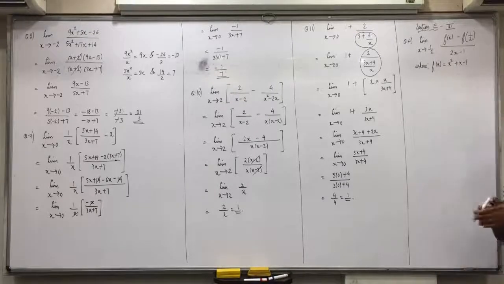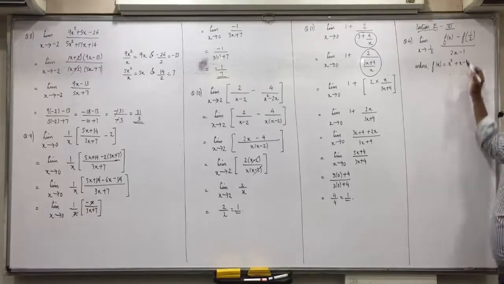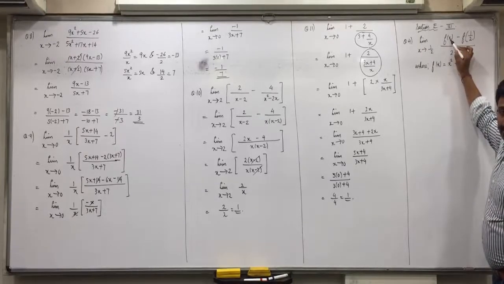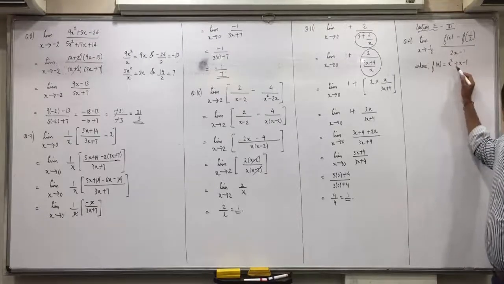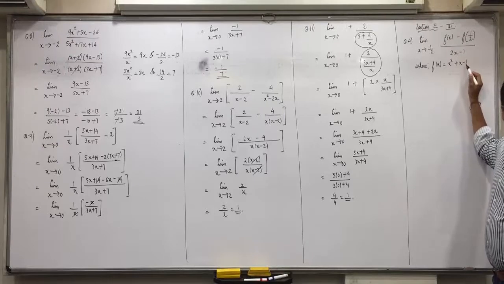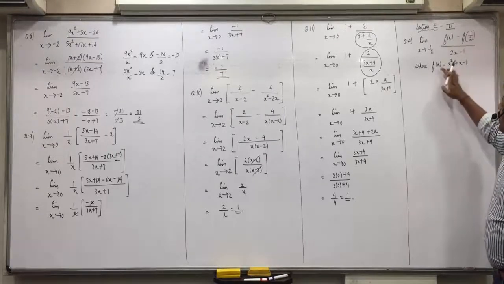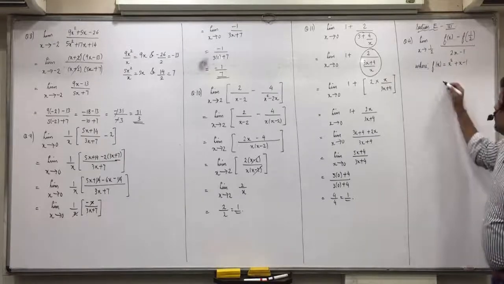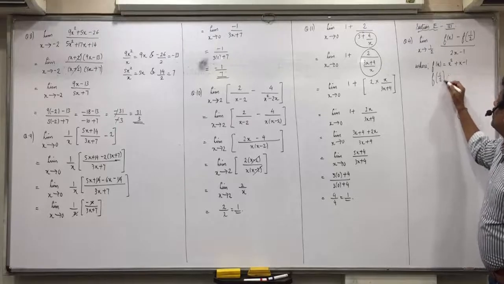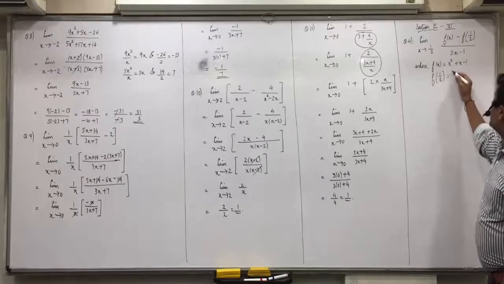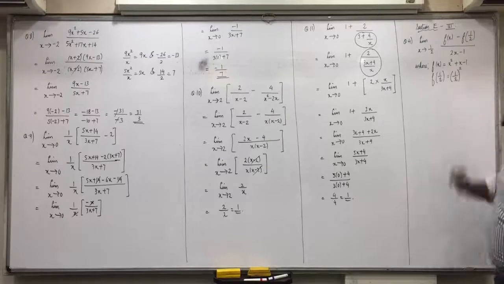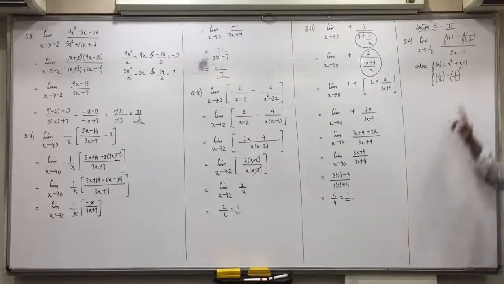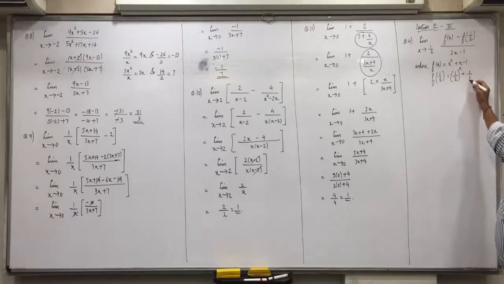Now listen carefully. First of all, f(x) we already have. In the numerator, in place of f(x), we can put x square plus x minus 1. What we don't have is f(1 by 2). So in x we will put 1 by 2 and first find f(1 by 2). If I put 1 by 2 in place of x, it is 1 by 2 whole square plus, again in place of this x, 1 by 2 minus 1.